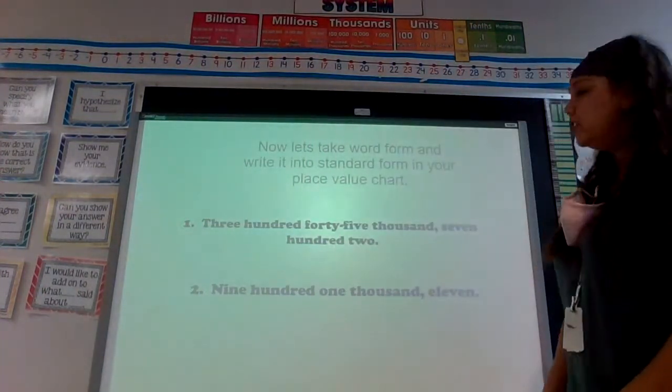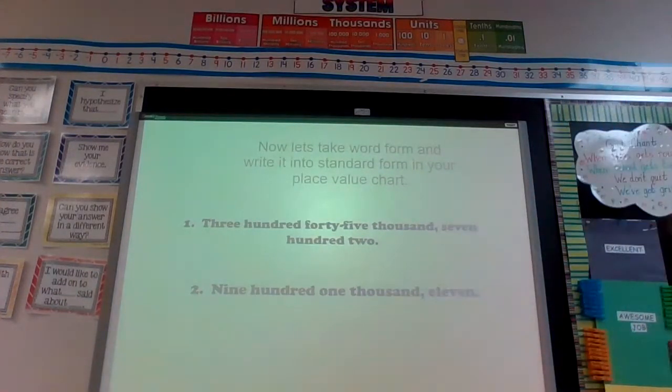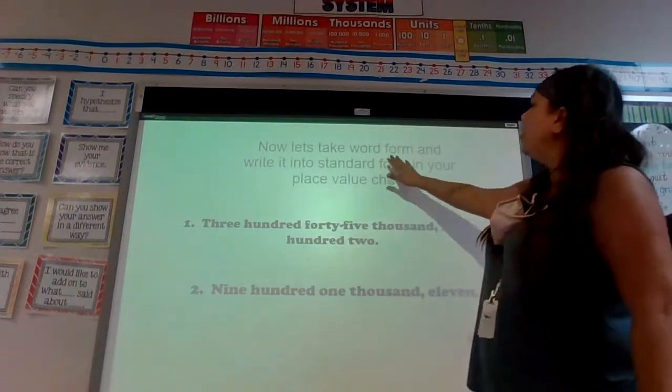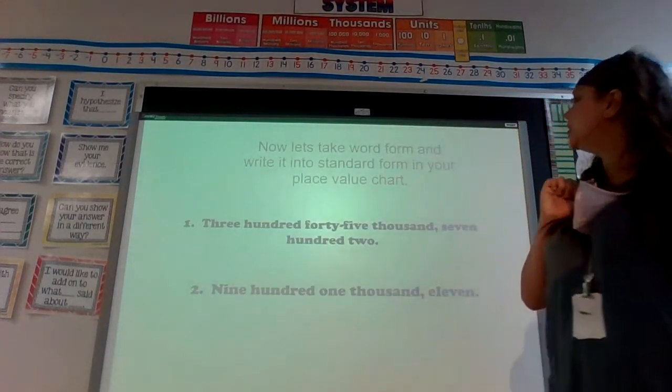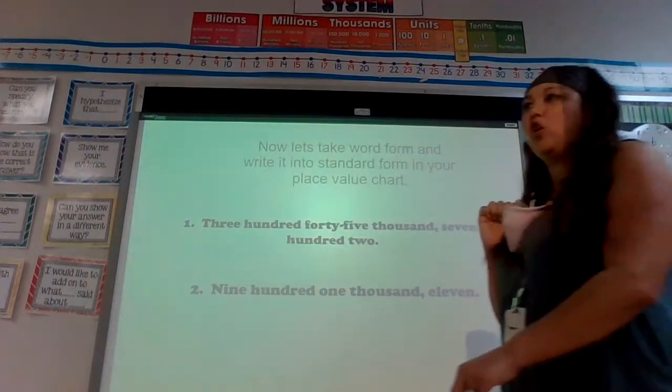Okay, and on our last slide for this lesson, we're now going to take word form and write it into standard form in your place value chart.